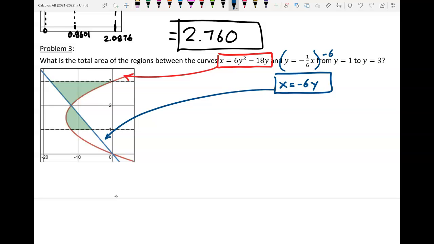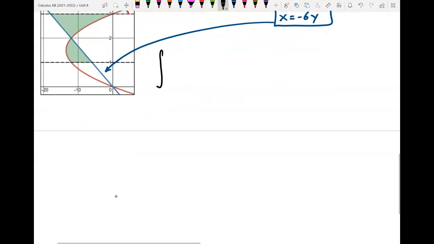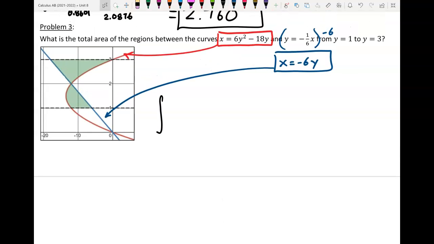Now, when we do our bounds, we go from the lower number to the top number. So what would be my first integral? Integral of what? From where to where? 1 to 2. Okay, so this is going to be my first area here.